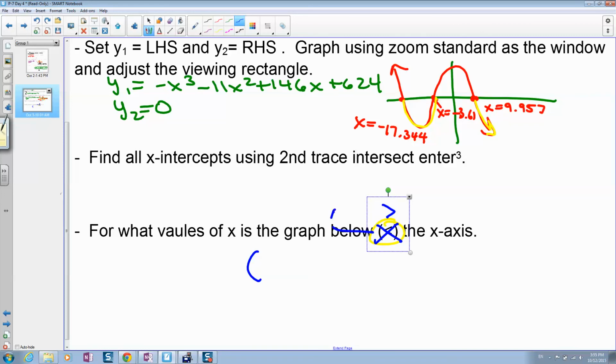So actually we want this to be above. So it's greater than, let me take that back. We're going to go up here and then between the two right there. So we're going to go from negative infinity to negative 17.344, and then from negative 3.61 to 9.957.